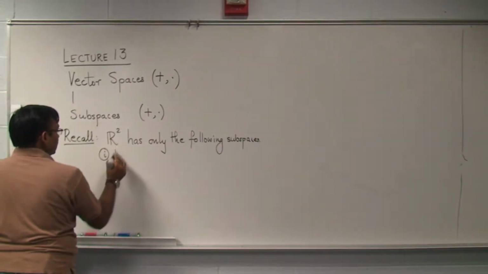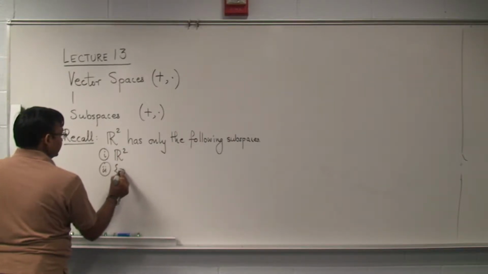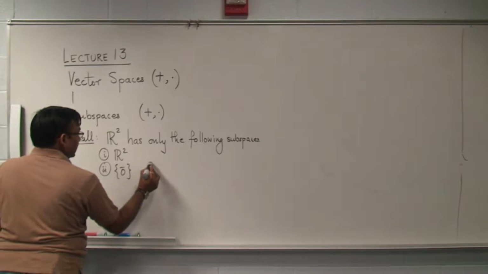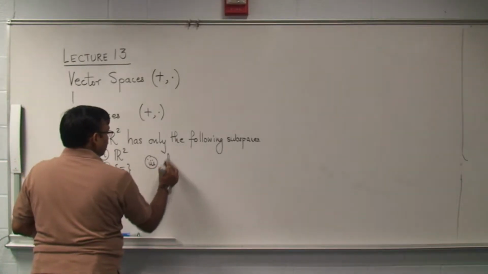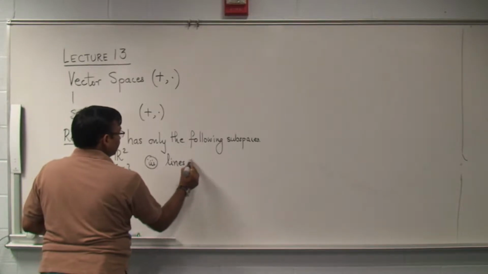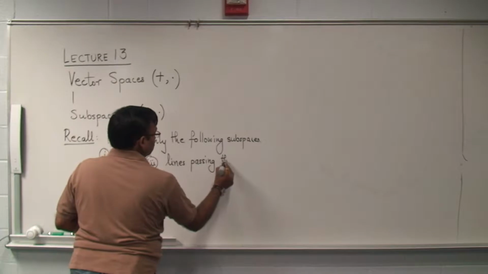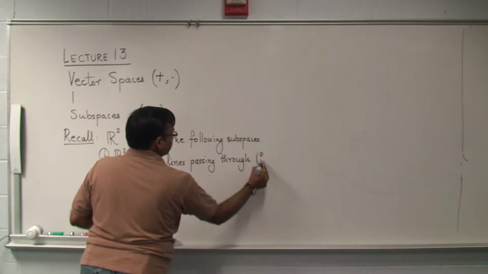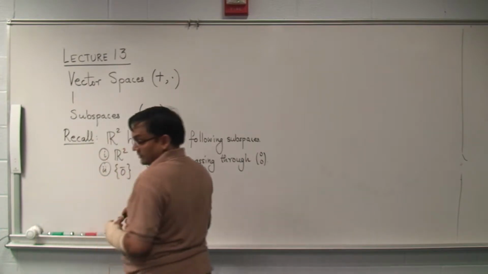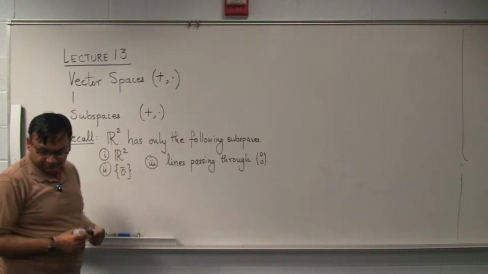One was R2 itself, the other was the so-called zero subspace, and then we had a family of subspaces, which we said was lines passing through the origin. Okay, so these are the couple of things that we had seen.